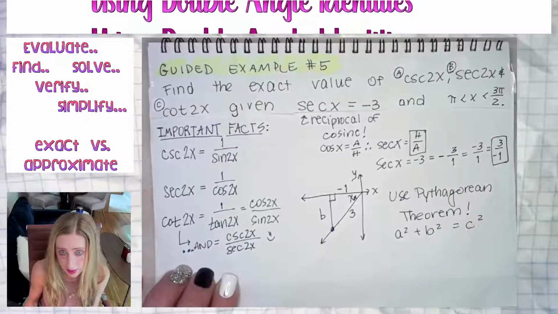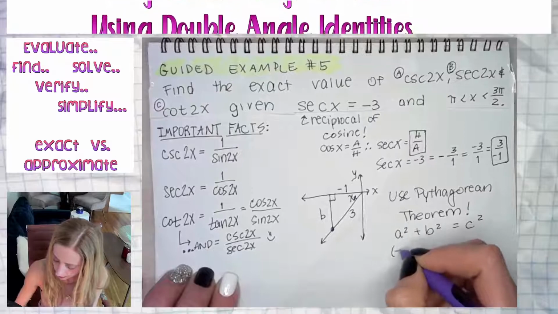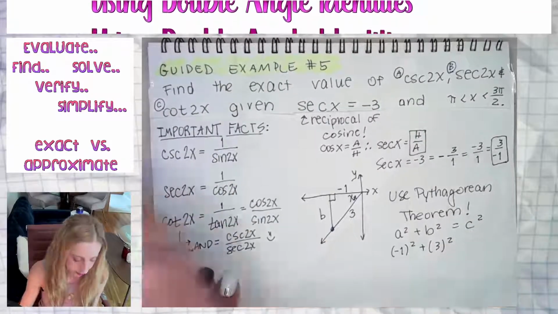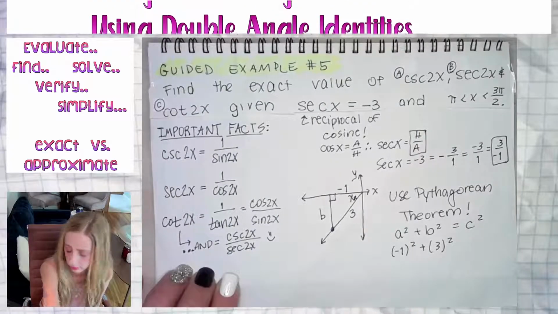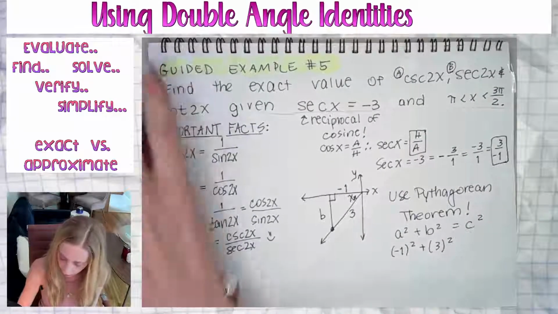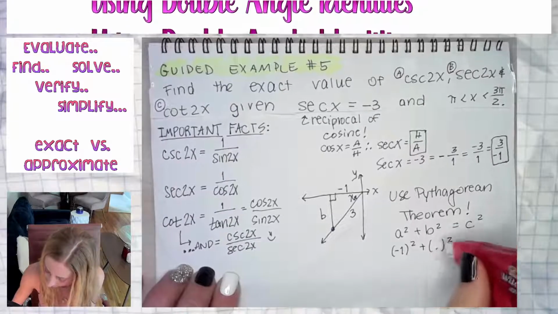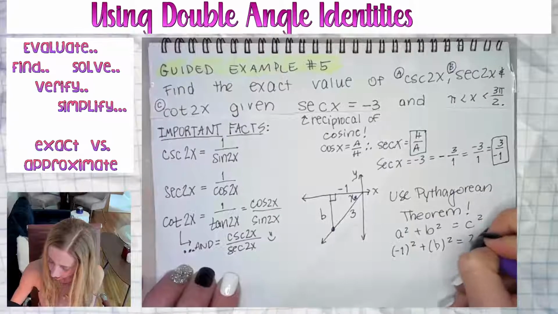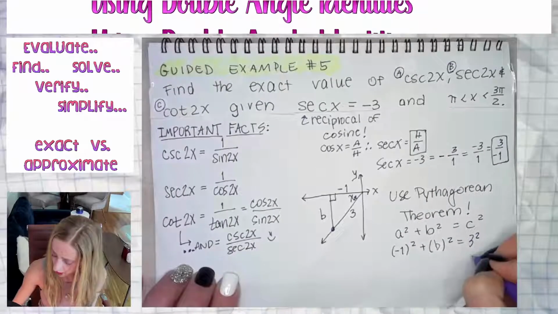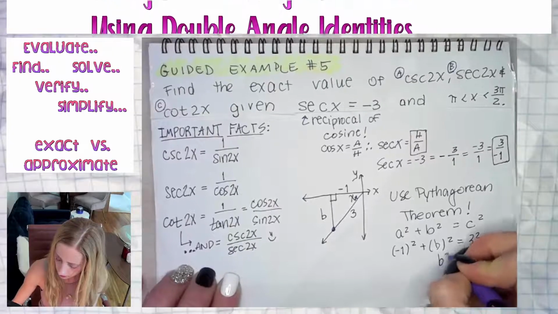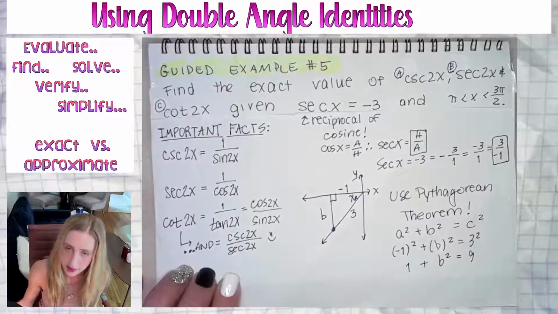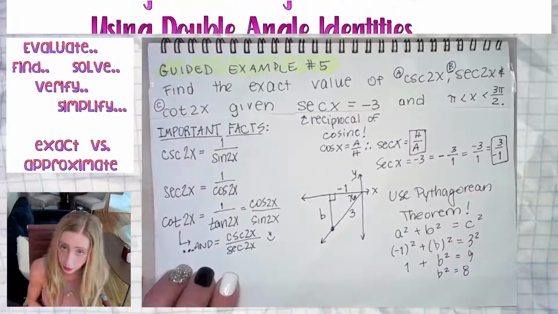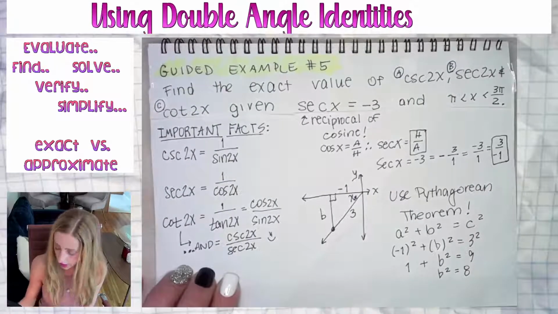C has to be the hypotenuse. -1 squared plus B squared equals 3 squared. I just said C is the hypotenuse, and then I filled in 3. Silly me. B squared equals 3 squared. 3 squared is 9. When you square a negative, it's still positive. B squared is 8 after we subtracted 1 from each side.